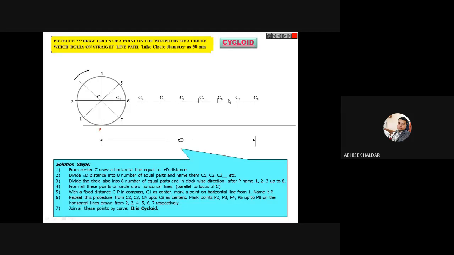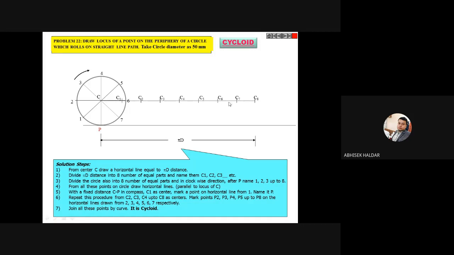What are these C points? My main goal is to divide this central line from C point to the last point, the pi d length, into 8 equal parts. So naming will be C1, C2, C3, C4, C5, C6, C7, C8.